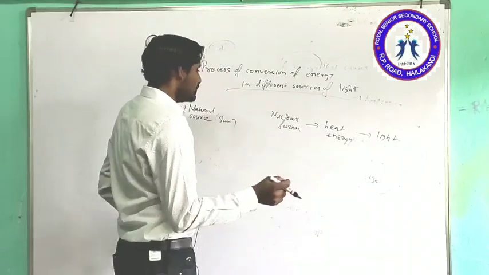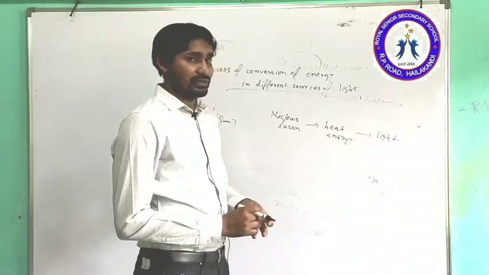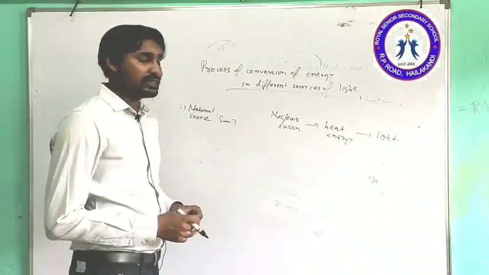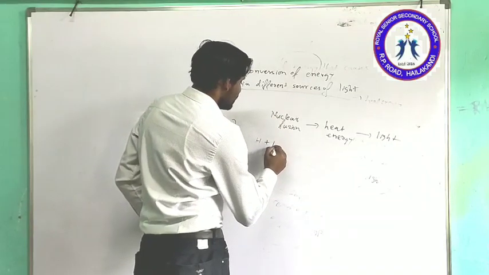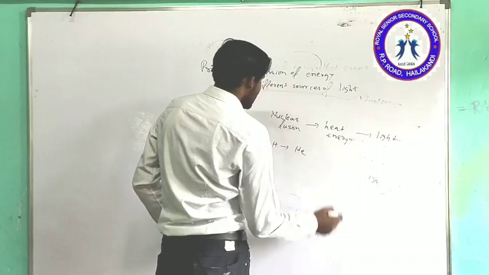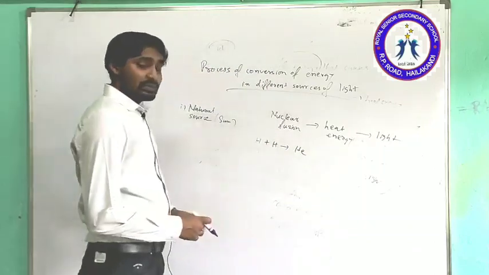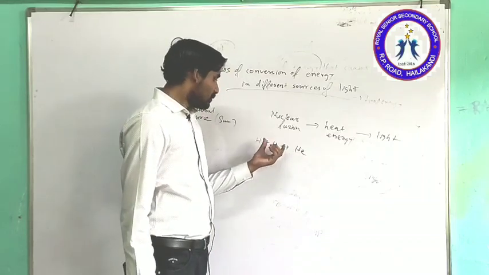As an example, I am telling you one form of fusion reaction which is happening in the sun or in other stellar objects. Lighter nuclei like hydrogen, so two hydrogen atoms combine to form helium. This is how the conversion is going on. Why are they lighter?